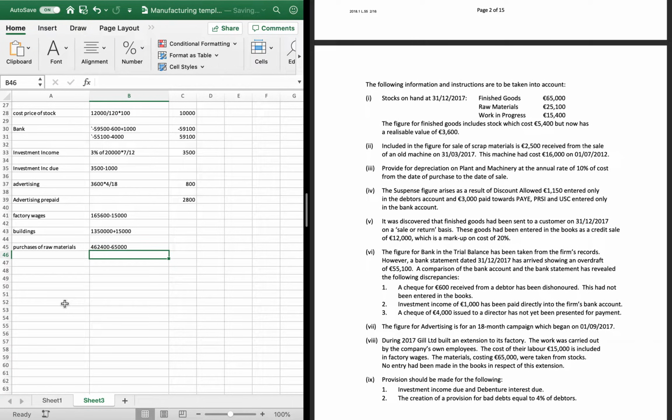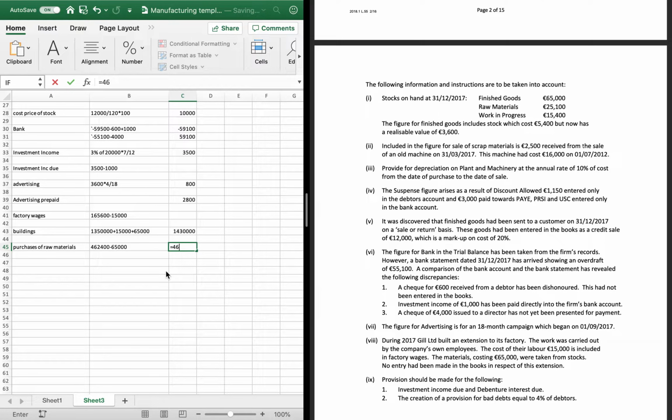And again, same process, it's just a movement. They get added in to buildings. So buildings in reality have gone up by 80,000. There's no depreciation of buildings, which is grand. Or no revaluation. There normally would be.